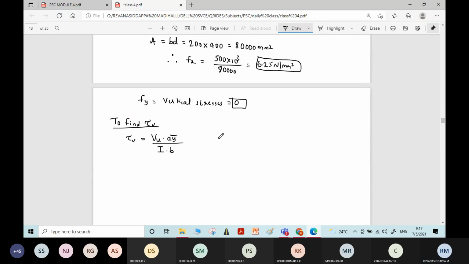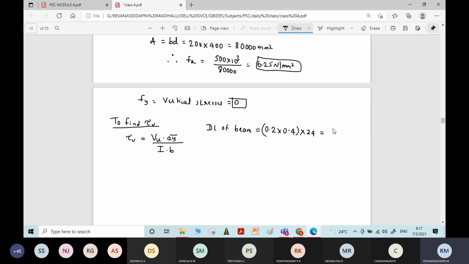Okay. Therefore, the dead load of the beam is equal to the cross sectional area 0.2 into 0.4, that is 200 mm by 400 mm, into density 24.